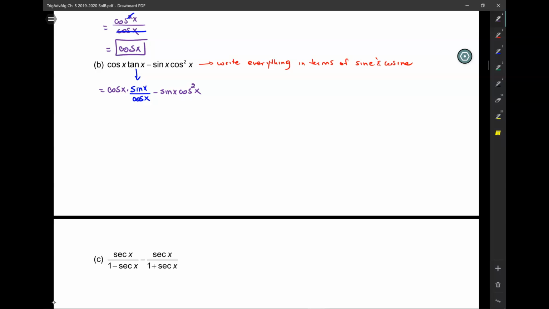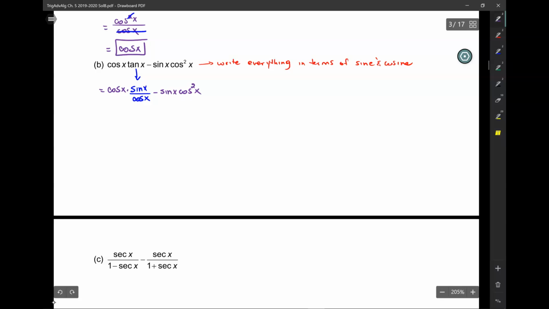The first thing I do when I scan the problem is check whether everything is sine and cosine. If not, I put everything in terms of sine and cosine. No, I'm not dividing. Remember, tangent is sine over cosine.